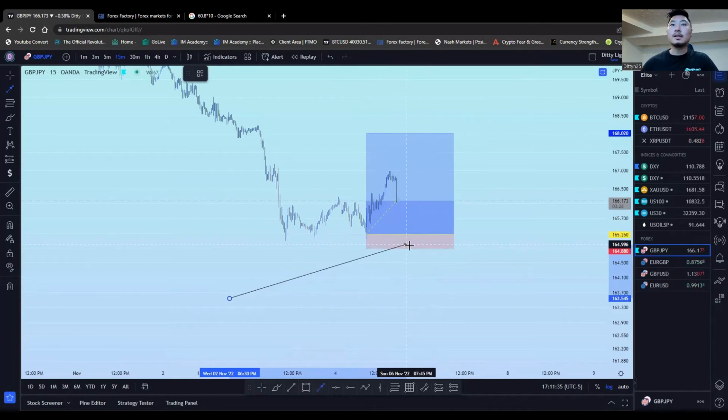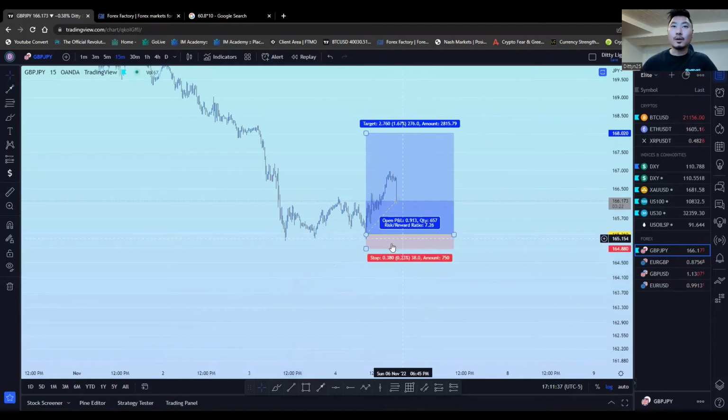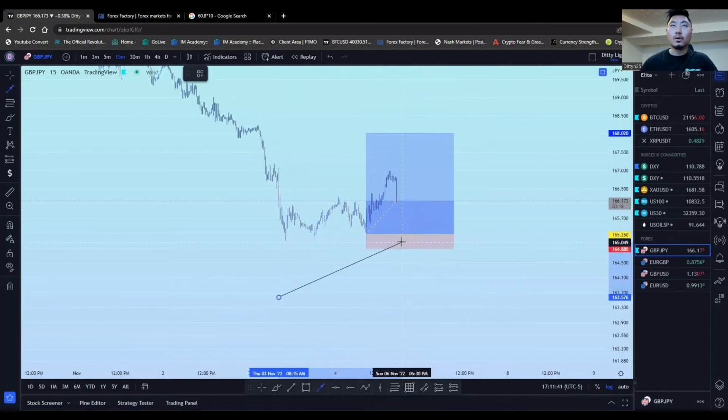What you want is for the stop loss, the red, to always equal the percentage that you want to risk. It can be 0.5%, 1%, 2%, 3%, depending on how you want to risk per position.